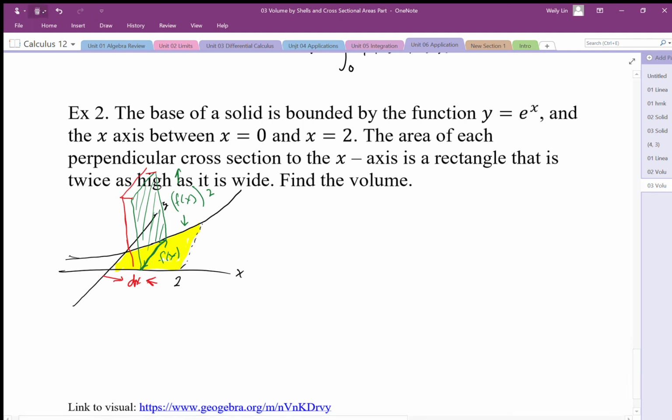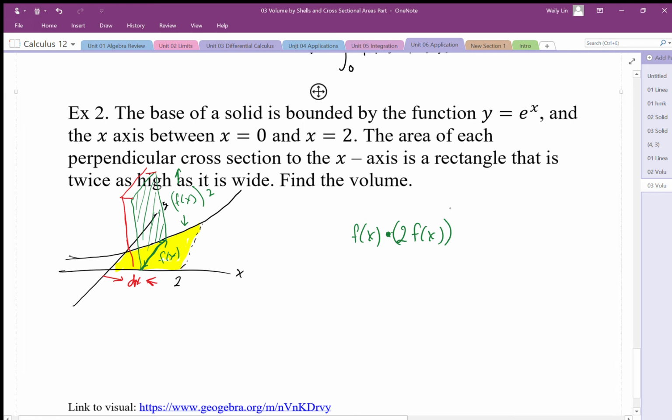So how do I set this up again? I need to get my cross-sectional area first, so f of x is my length times 2f of x, which is my height. That's length times height.